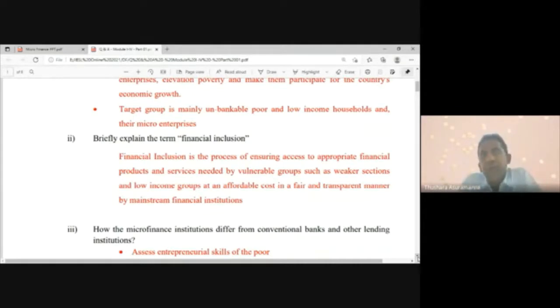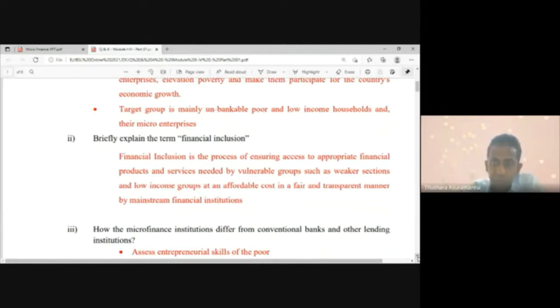As I told you, anybody can memorize this definition. There is no point. Memorizing is not a great thing, but try to scale down and see what the key areas in this definition are. Then it is easy for you to keep this in your mind.